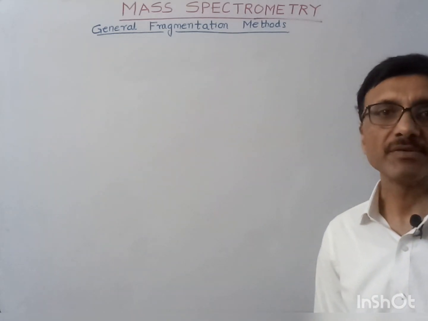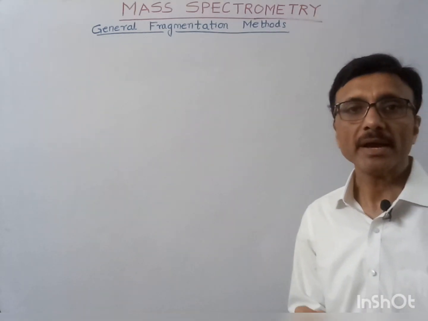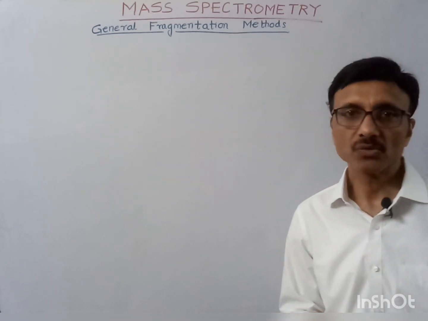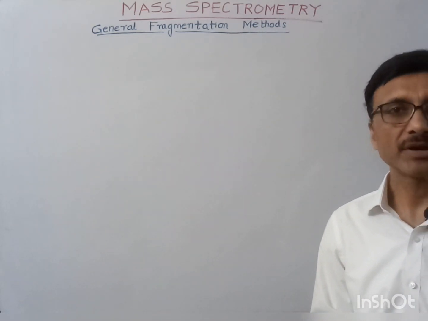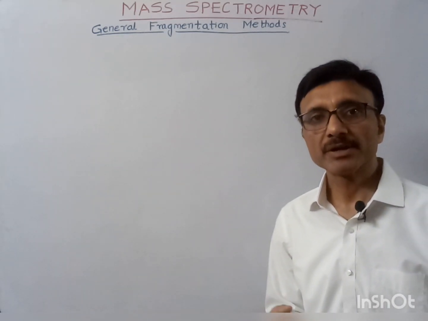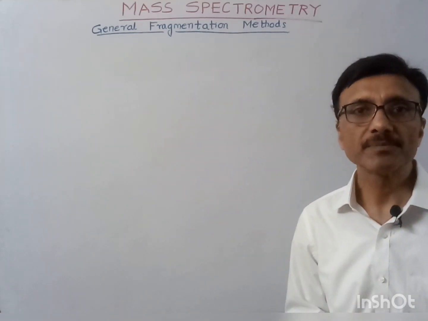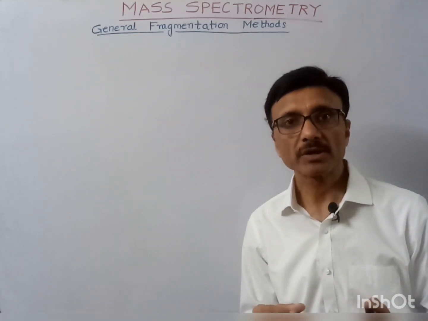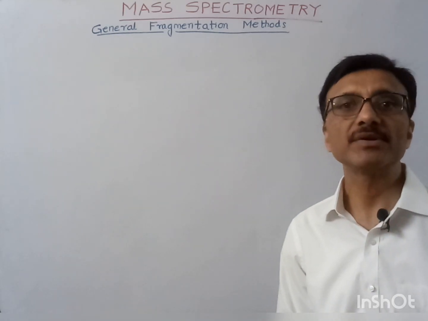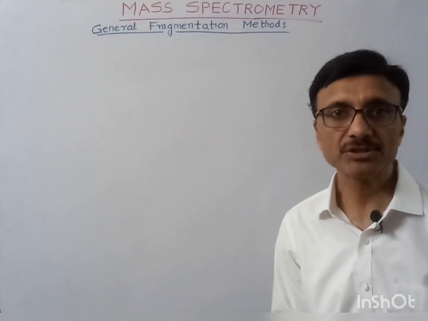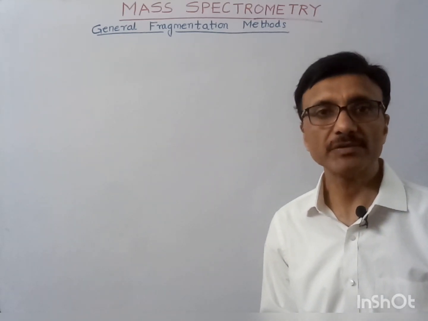So in this lecture, I will tell you how any molecular ion may undergo fragmentation, and there are different methods by which it may undergo fragmentation. For example, homolytic cleavage, which is called the alpha cleavage. Then I will discuss the heterolytic cleavage, which is called the inductive cleavage.